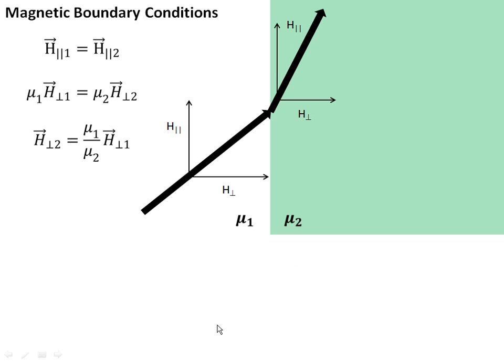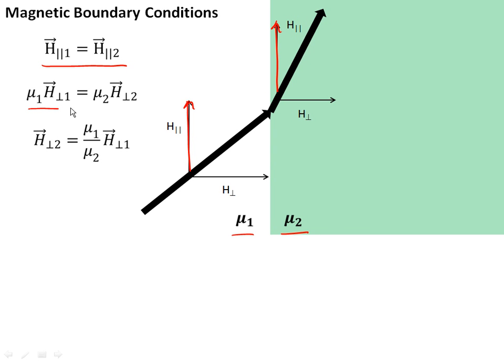Remember when we were studying electrostatics, we saw that the electric field vector changed when it went into a material that had a relative permittivity because of the boundary conditions. Turns out that we also have boundary conditions for magnetic fields, and they're essentially identical to those for electric fields. The components of magnetic fields parallel to a surface, on either side, are going to be the same, regardless of the relative permeabilities of the two materials.